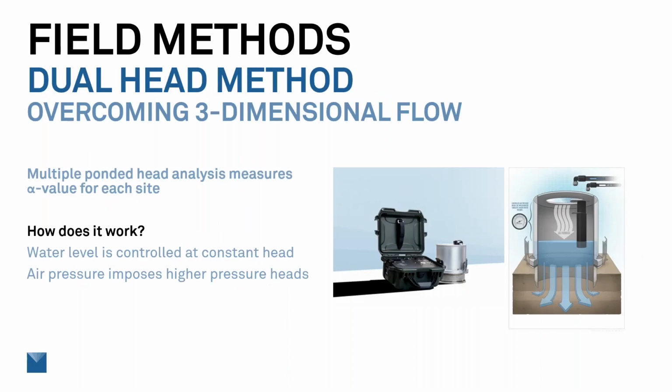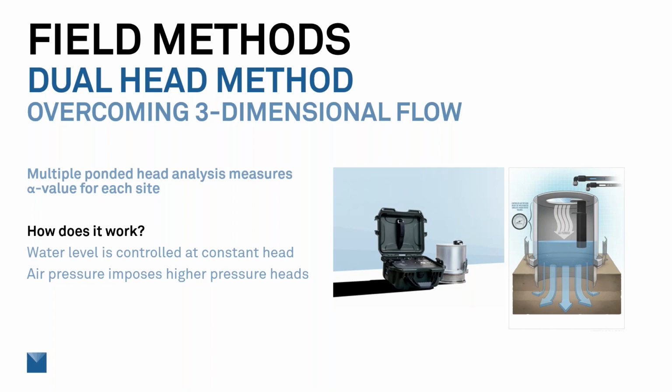There is another approach to help overcome this issue and simplify the analysis when trying to do the corrections for three-dimensional flow. That's the dual head method, or the multiple ponded head analysis approach.